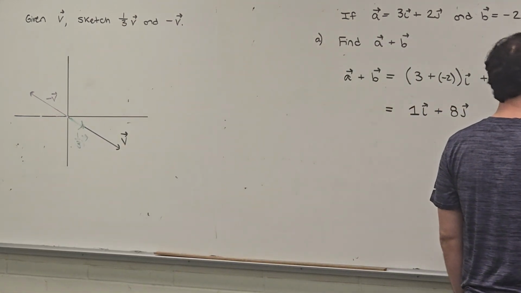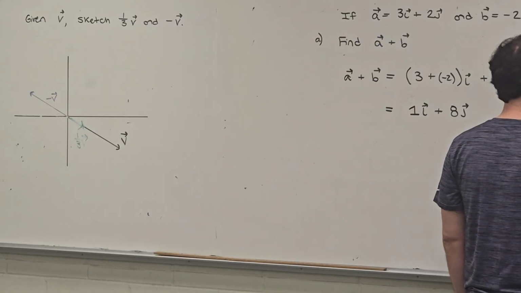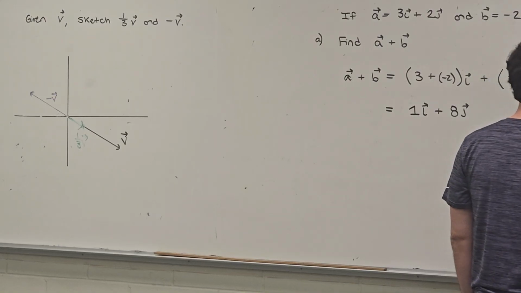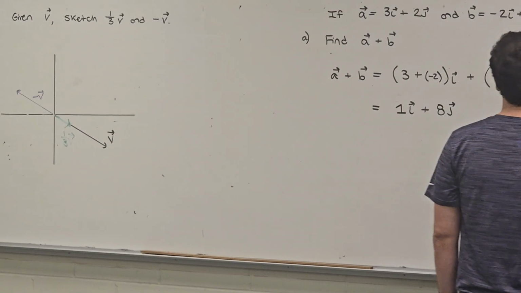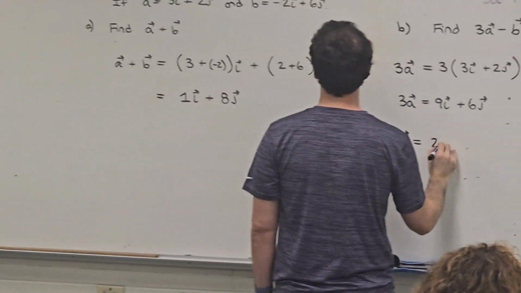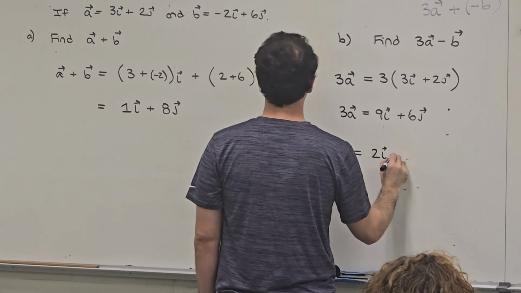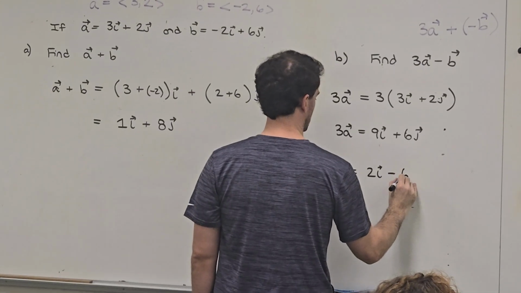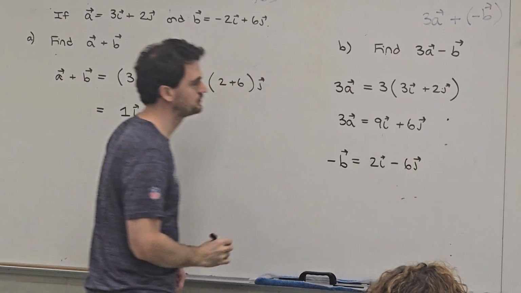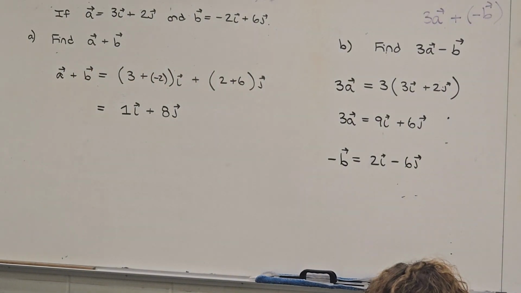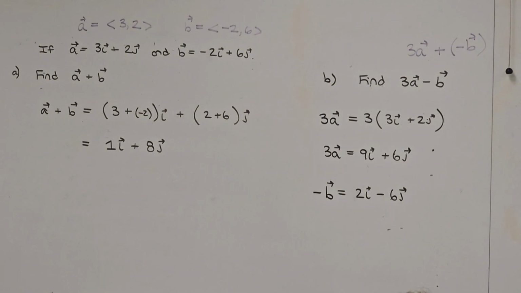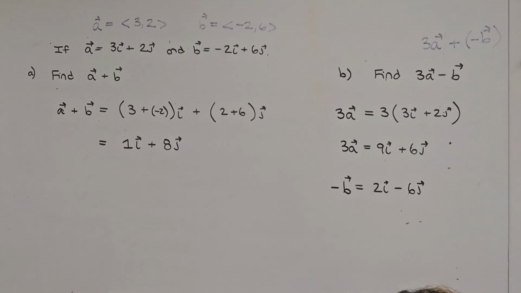So the next thing I would need is a negative of vector B. And now we're good to add these pieces.